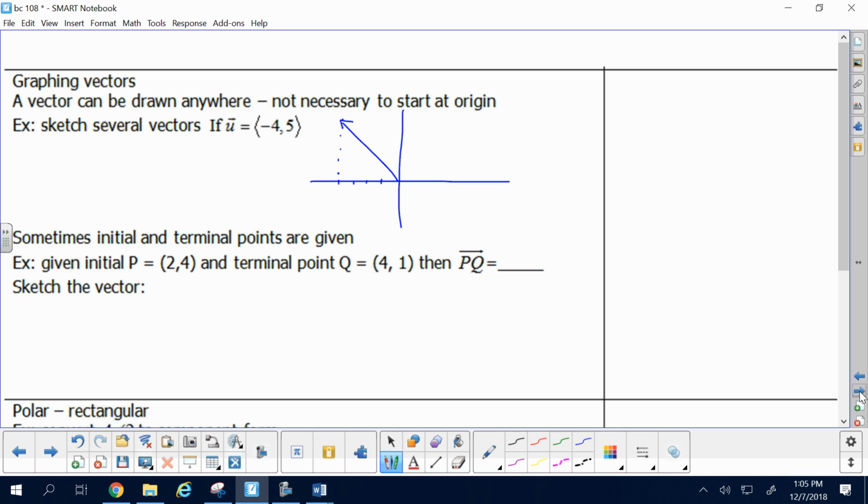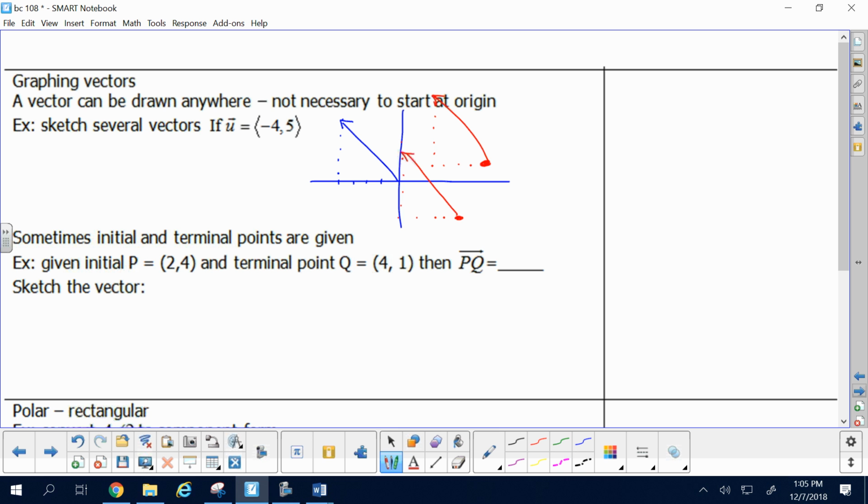So I could just as well draw vector u starting here and going there. That's vector u. Or I could start it here. Now, surely they'd all be the same length in the same direction, and they're all vector u. The initial point, unless given, can be anything you want. Now, those are all the same direction, but they have different initial and terminal points.